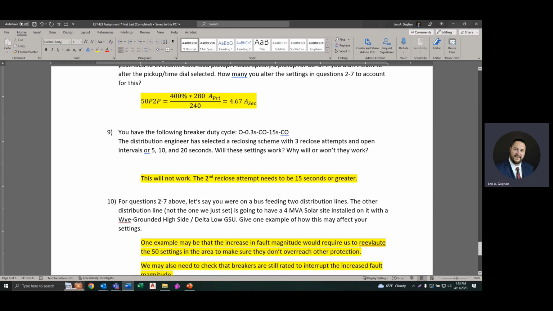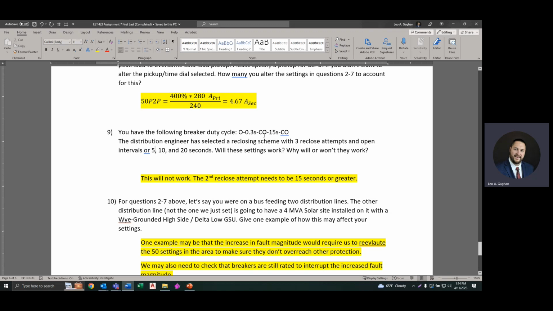So for number 9, we have the following breaker duty on our nameplate. The distribution engineer has selected a reclosing time with 3 reclose attempts and open intervals of 5, 10, 20 seconds. Would these settings work and why? So these will not work. Our first reclose attempt would be fine.